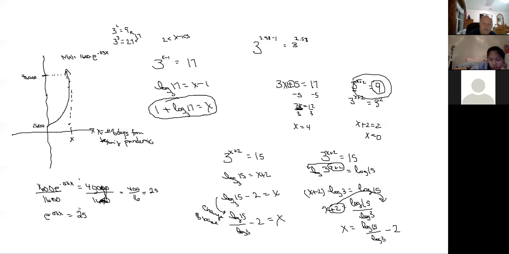Now it simplifies down to the same type of problem that I had over here. I can take the log of both sides, but I can also change it to log base e of 25 equals 0.03x. So what is log base e? Does anybody remember? Log base e, what is that?